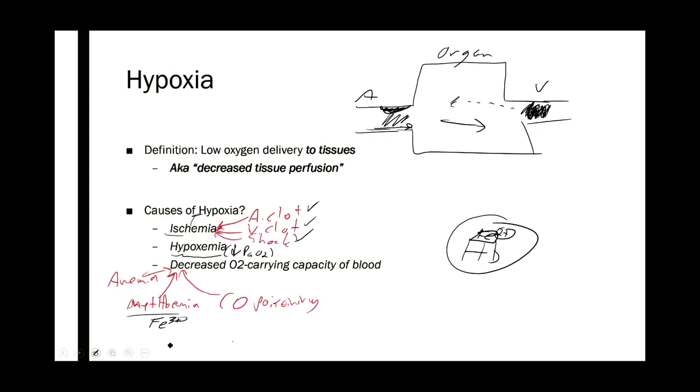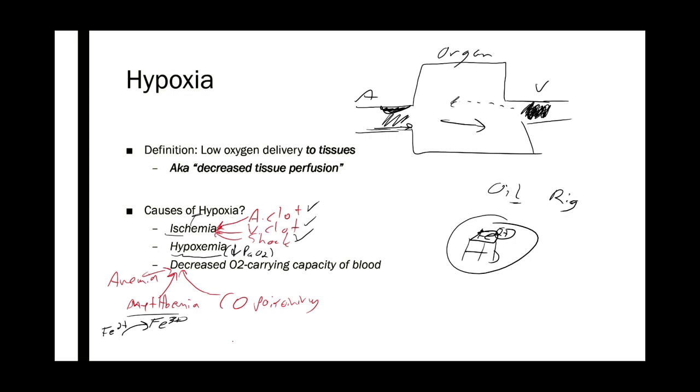So if you have anything that causes this oxidation of iron, who remembers OIL RIG? Oxidation is the loss of electrons. When you lose an electron, you're losing something negative, so you become more positive. The oxidation of iron into a 3+ state means that the hemoglobin is doing a much worse job of binding oxygen.